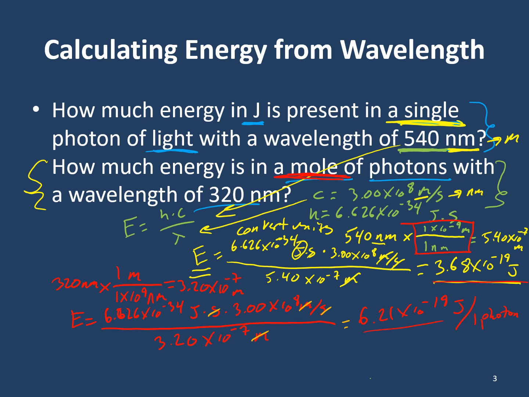So I know if every one photon has this much energy at this wavelength, then what I can do is 6.21 times 10 to the negative 19 joules, and we can write it as over one photon if you want. It kind of helps.